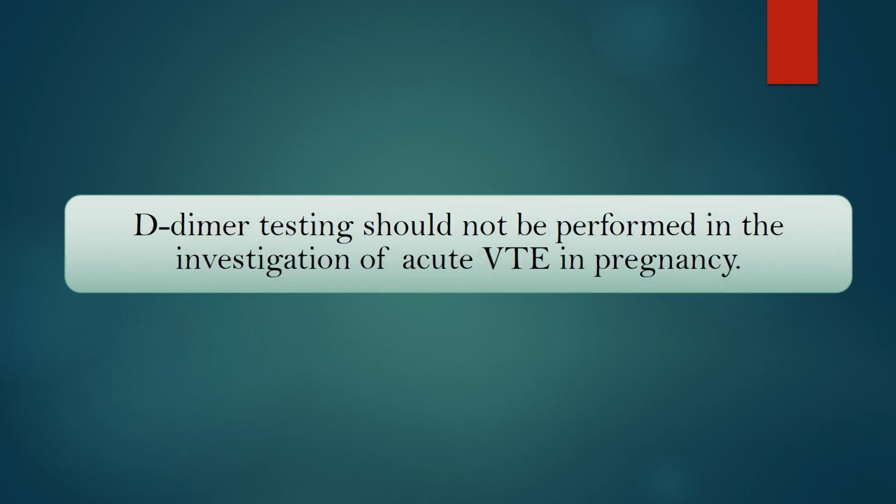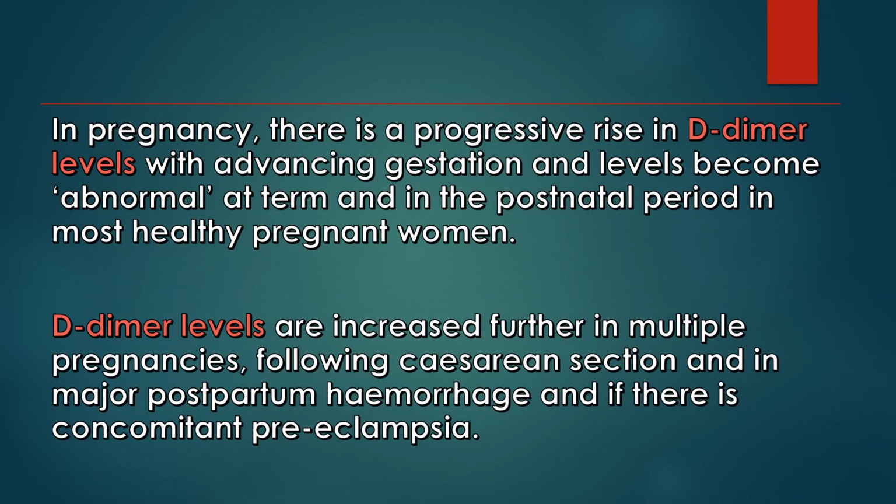D-dimer testing should not be performed in the investigation of acute VTE or venous thromboembolism in pregnancy. In pregnancy, there is a progressive rise in D-dimer levels with advancing gestation, and levels become abnormal at term and in the postnatal period in most healthy pregnant women.